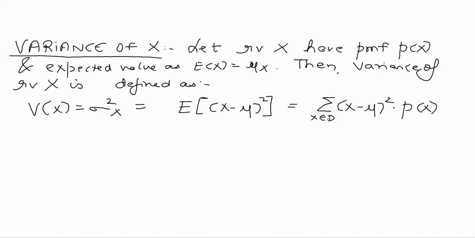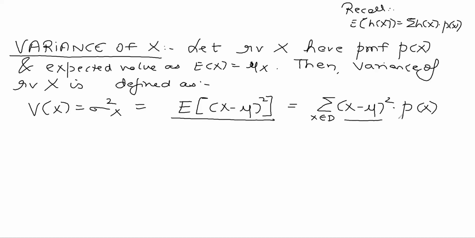Again, guys, recall, all of you recall, expected value of h of x is summation h of x into p of x. So expected value of x minus mu square will be summation x minus mu square into p of x, where mu denotes the expected value and sigma square denotes the variance.